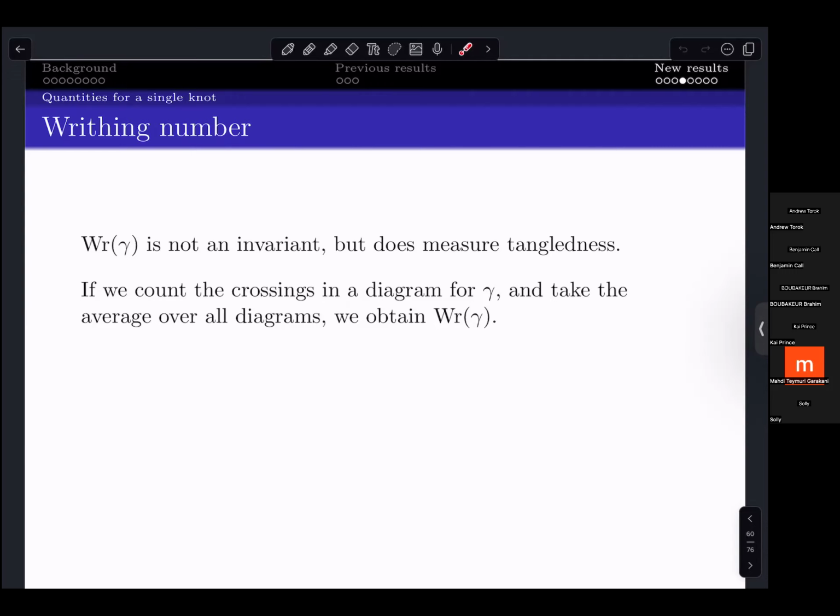And when I draw a picture of it, I'm projecting onto a certain direction. What I'm saying is, if you count plus or minus 1 at the appropriate crossings in your single picture, you'll get whatever integer you get. And if you average over all the directions where you can draw a valid diagram, so no directions tangent to the knot itself, you will get a number. So this doesn't have to be an integer, like the linking number did.